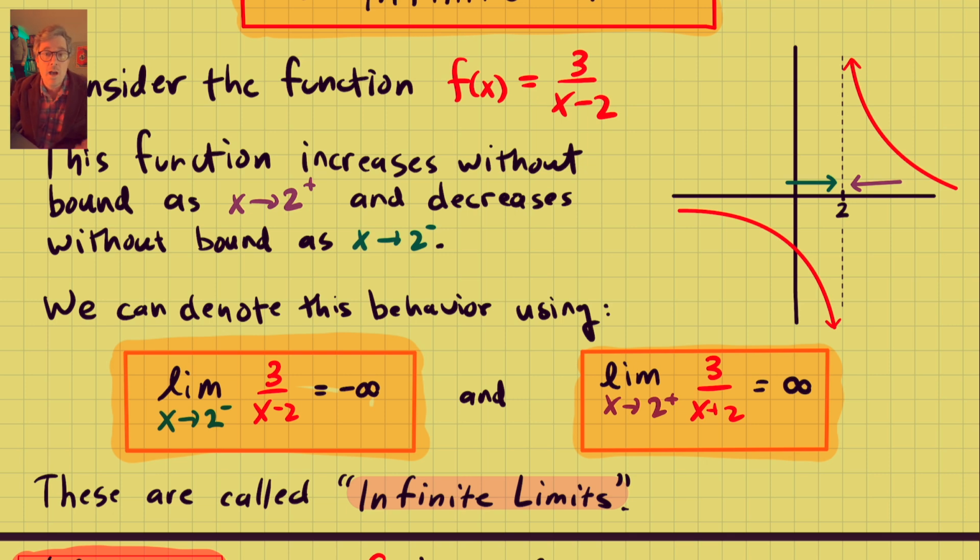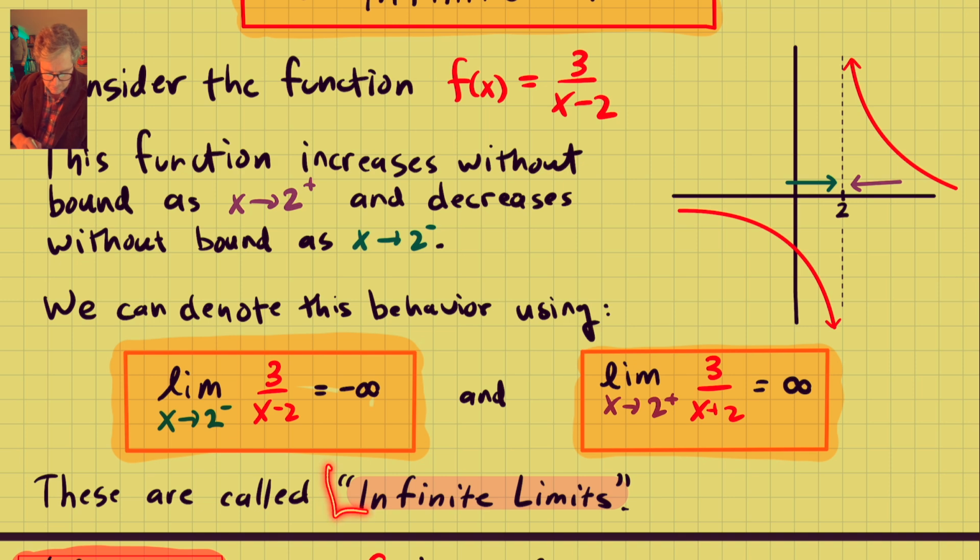So what we're doing now is augmenting that definition with this additional piece so that we can use this kind of common language and say that the limit of a function is plus or minus infinity. In this case, the function goes to positive infinity from the right, negative infinity from the left, and so we would write it like this. It would have a left-hand limit and a right-hand limit, and they're not the same, as you can see.